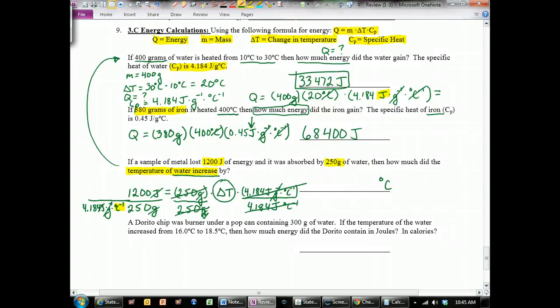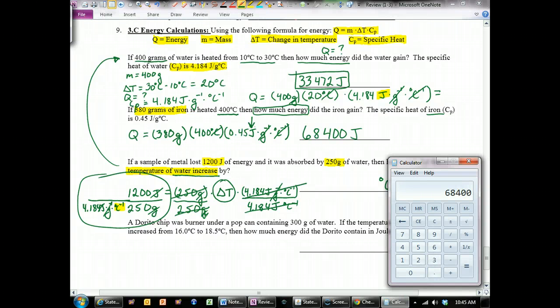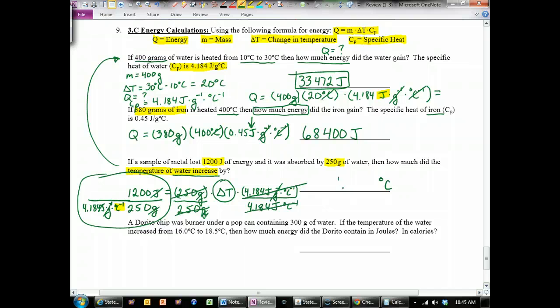So to get our math on this part here, we take 1200 and we divide it by 4.184, and since 250 is on the bottom, we divide it by that as well, and we get 1.14 degrees Celsius.